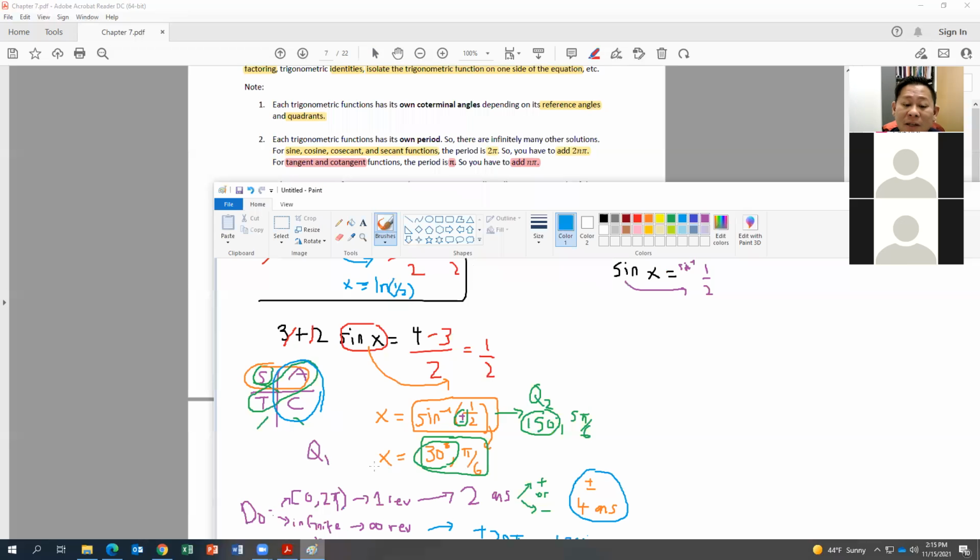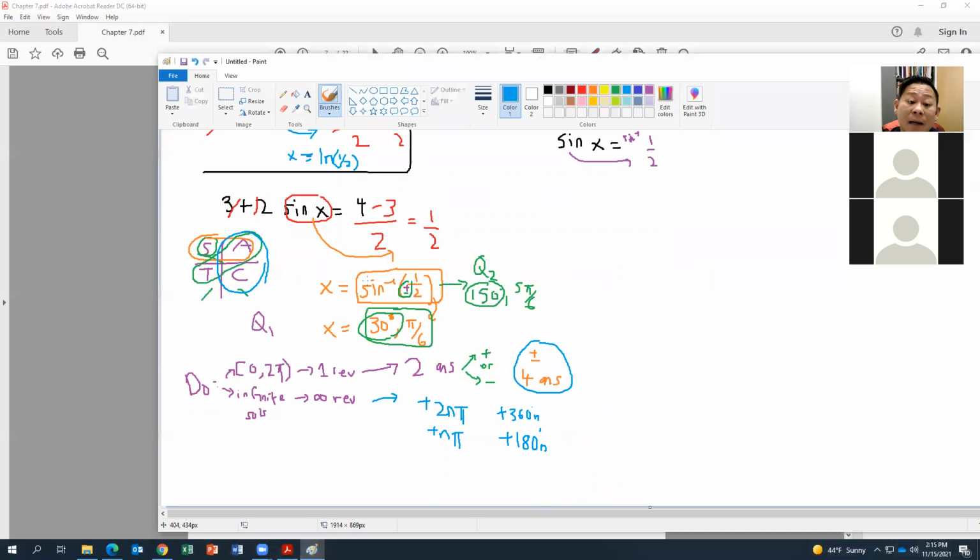For example, if this is sine and I want infinite revolutions, your answer will be pi over 6 plus 2n pi. This is in quadrant 1. And then in quadrant 2, it will be 5 pi over 6 plus 2n pi.